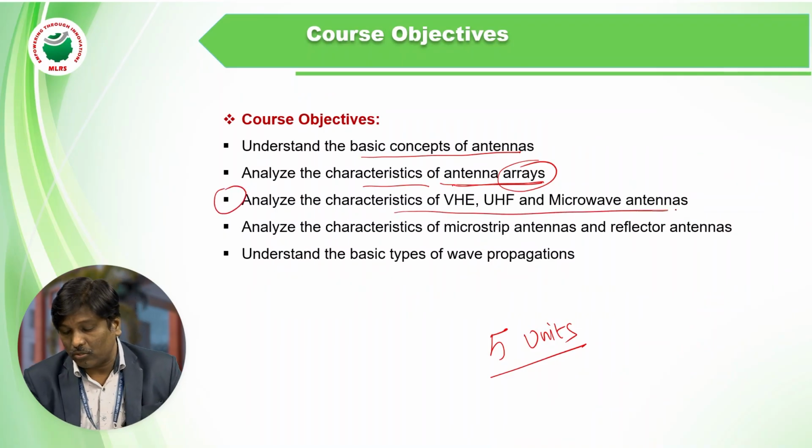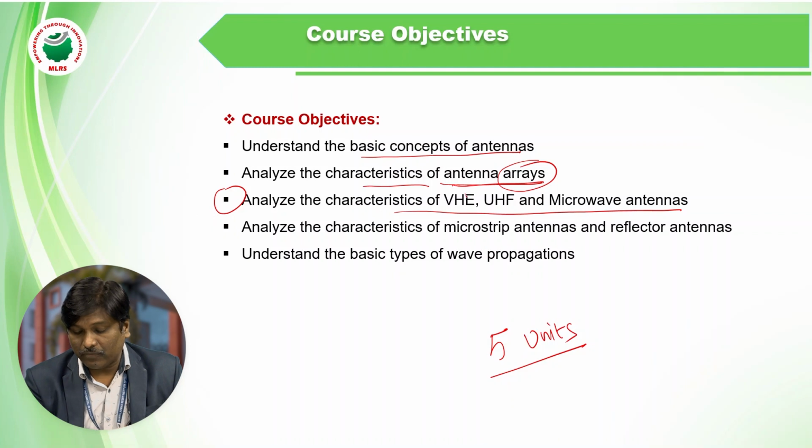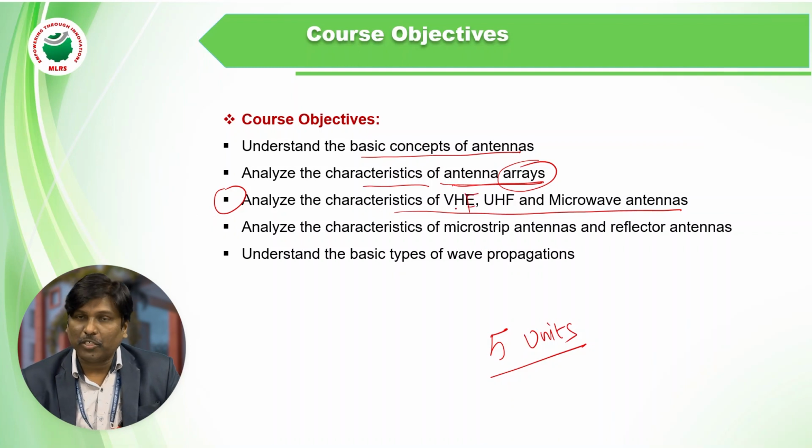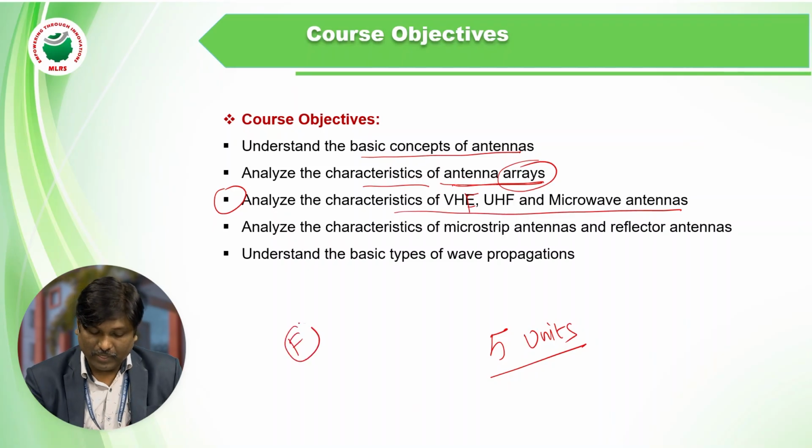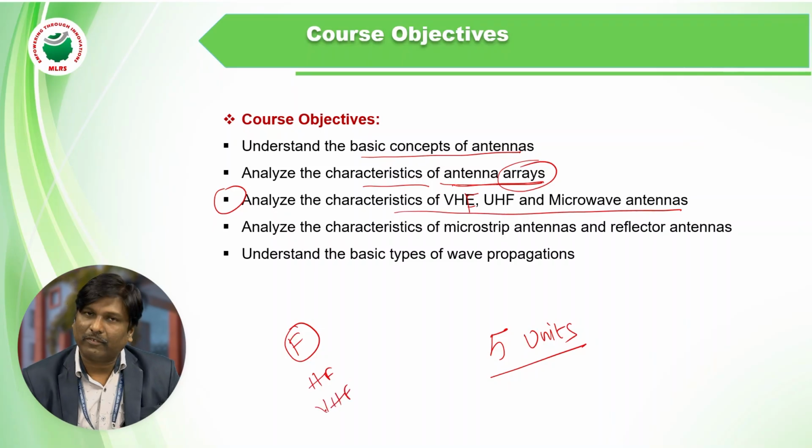Analyze the characteristics of VHF, UHF and microwave antennas. F is for frequency, HF is for high frequency, VHF is for very high frequency, and UHF is for ultra high frequency.